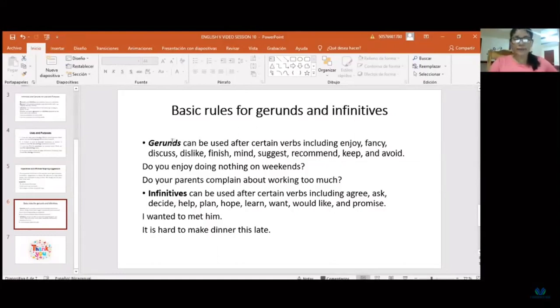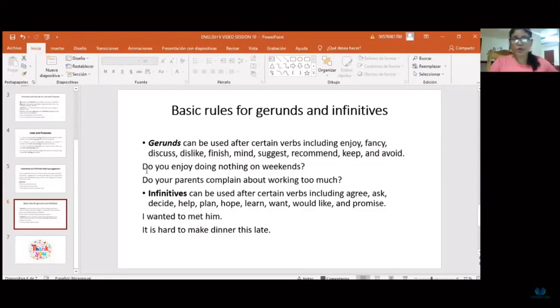So we have specifically examples of verbs: enjoy, fancy, discuss, dislike, finish, mind, suggest, recommend, keep, and avoid. We are going to write a gerund after these verbs.